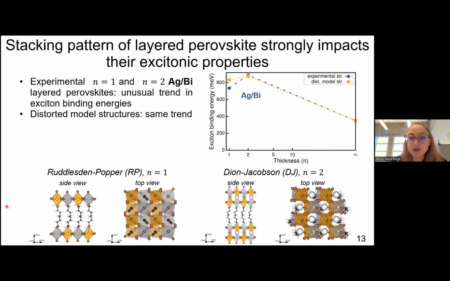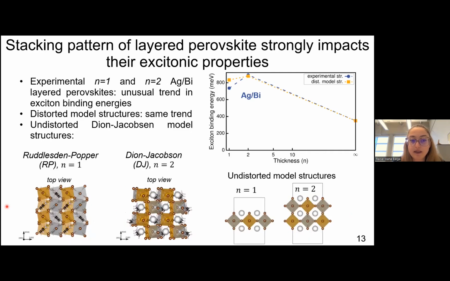And therefore, we actually did not compare apples with apples, and we have to do that. To do that, we created another set of model structures, in this case undistorted ones. So we kept the Dion-Jacobson phase for both n equals 1 and n equals 2, and repeated our calculations.